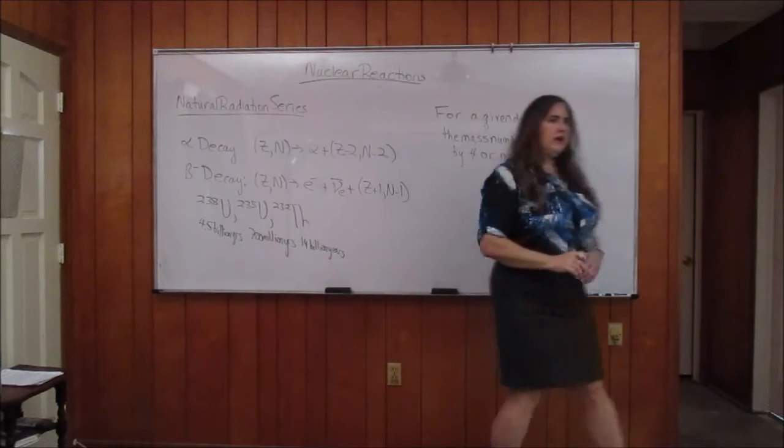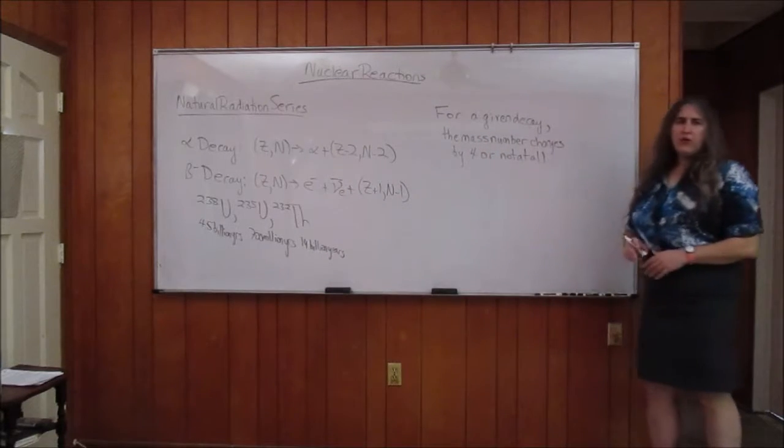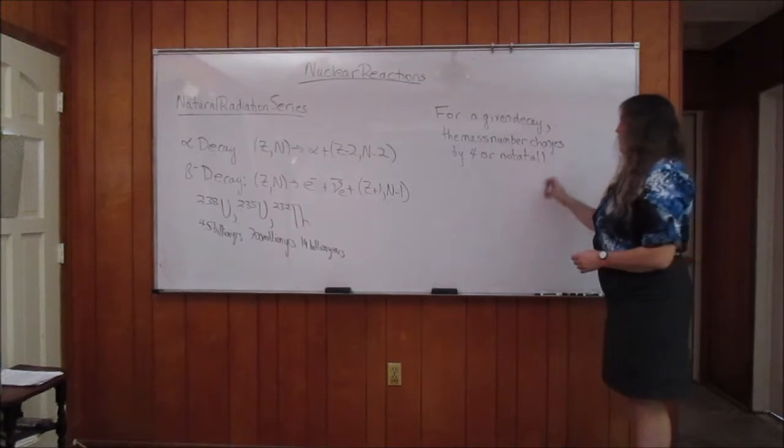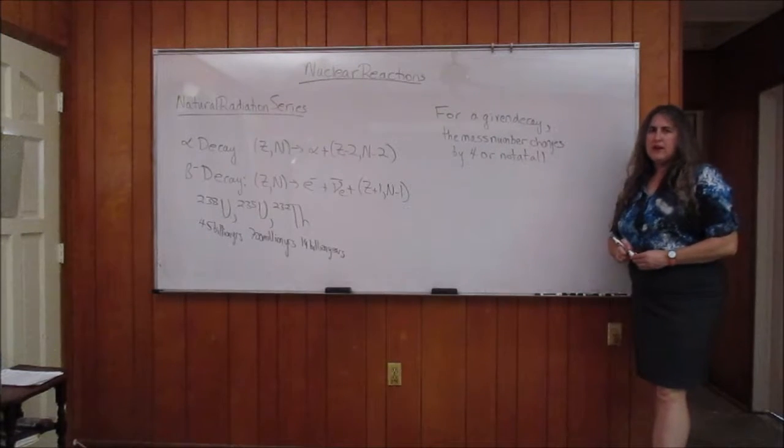So for any of these decays, alpha or beta decay, the mass number is going to change by 4 in the case of alpha decay, or not at all in the case of beta decay.